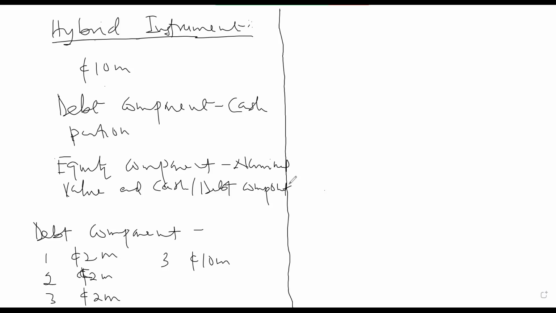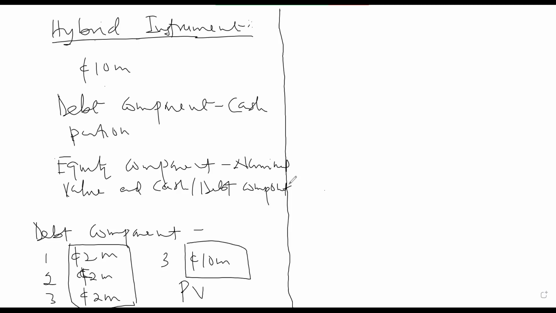So all this money I'm giving to you will be given to you in the future. The question is, what is the portion of the amount that you are giving to me before I'm giving you this cash flow? So what we do is that we present value all these cash payments, or we try to find the value of the debt. How do you find the value of a debt?